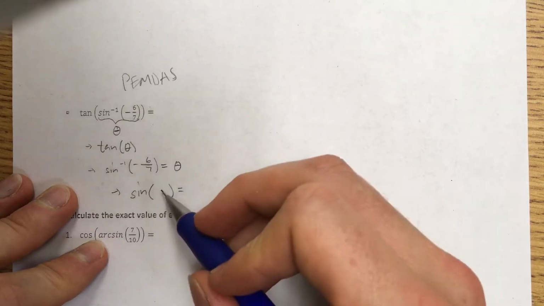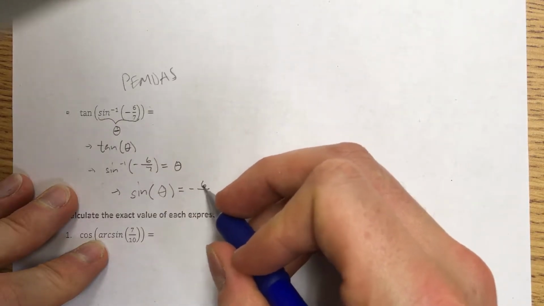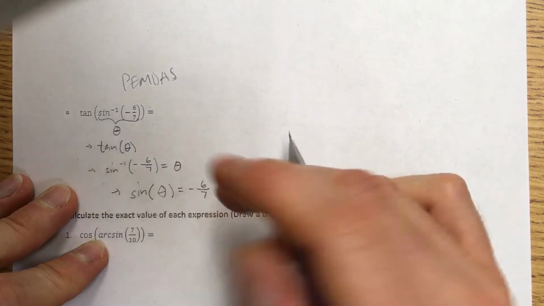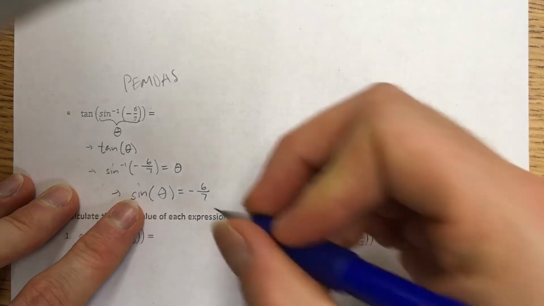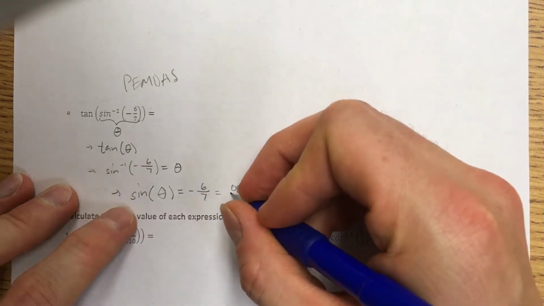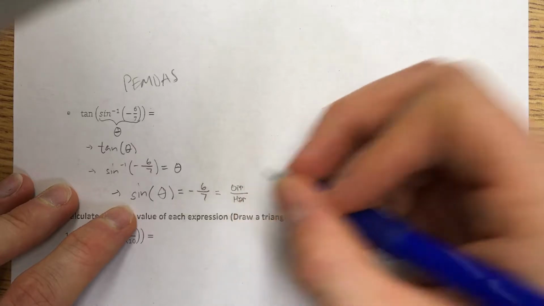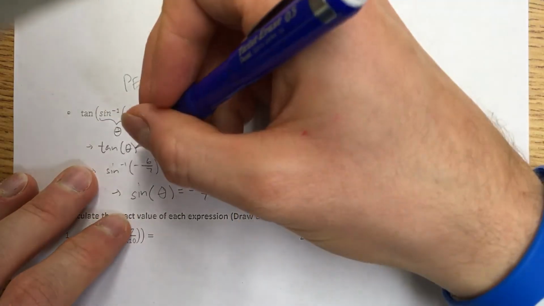So the output becomes the input here, and the input becomes the output there. That's one thing we know, and then we're actually going to use this because we know that's opposite over hypotenuse because we're dealing with sine here. So we're going to use that to help answer what is tangent of theta.